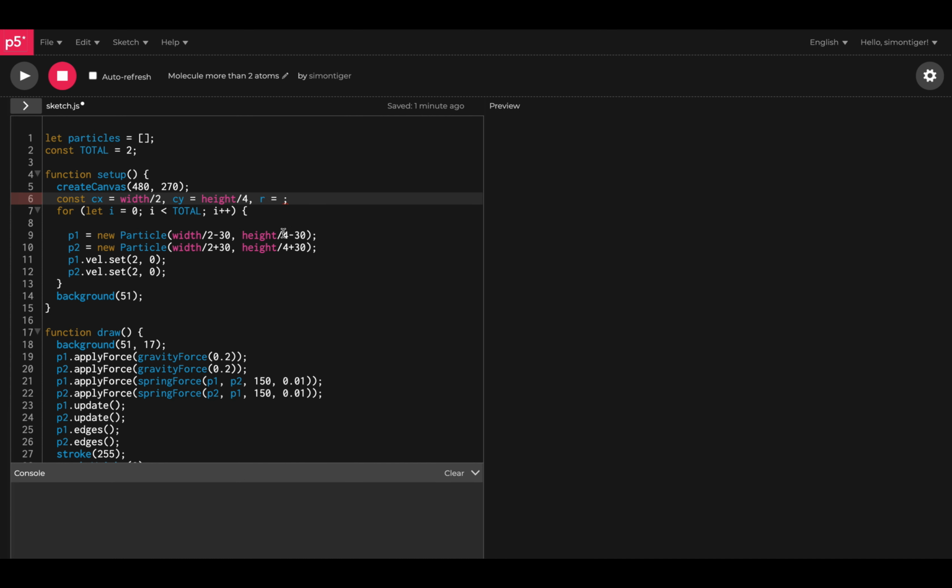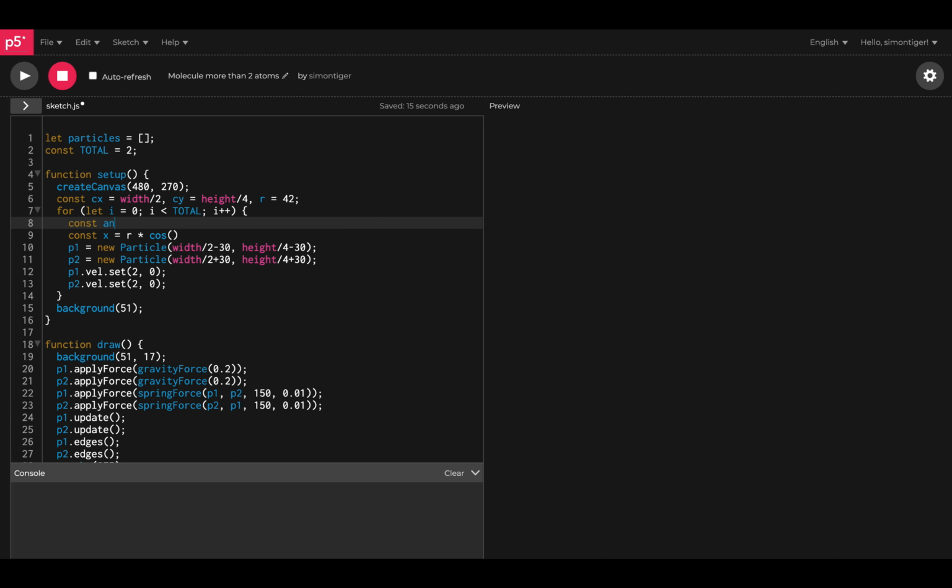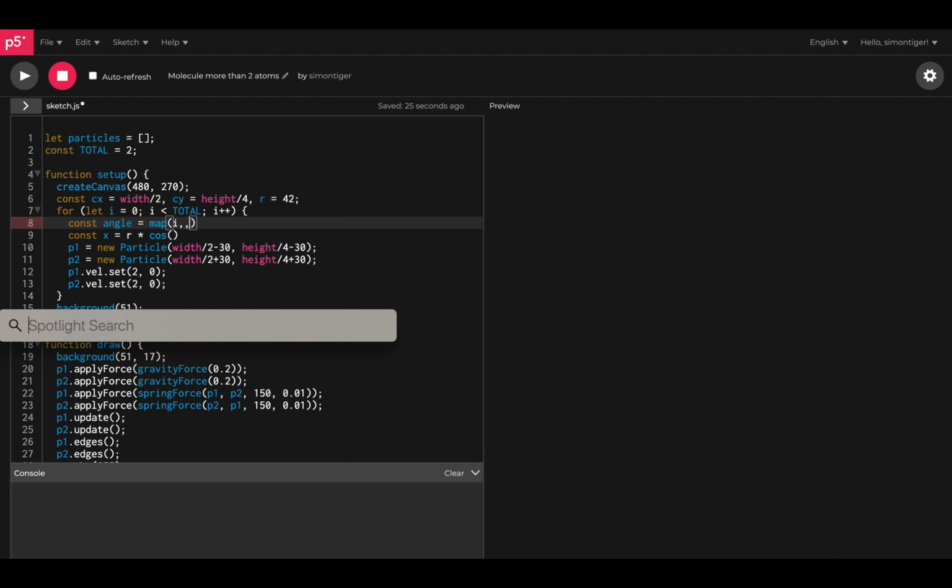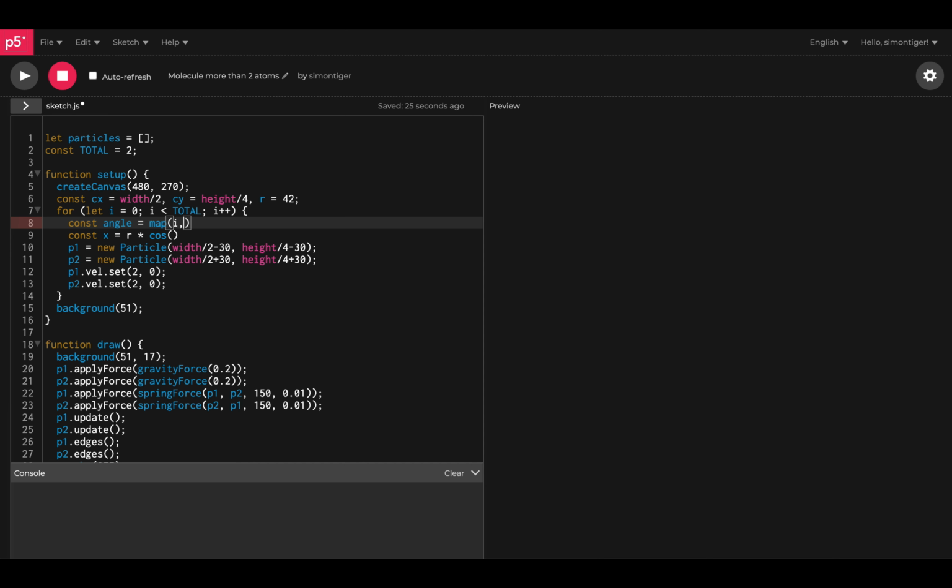I'm going to have the x be r times cosine. Okay, hang on. So I'm going to have the angle, which is, okay, i goes from 0 to total.